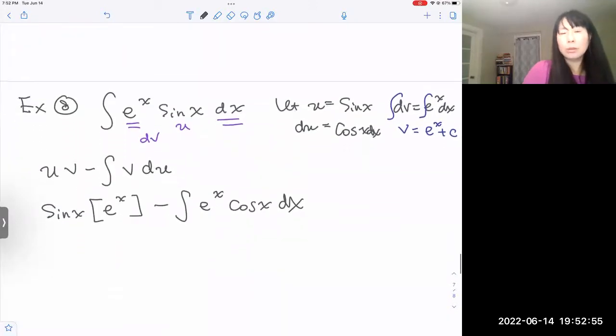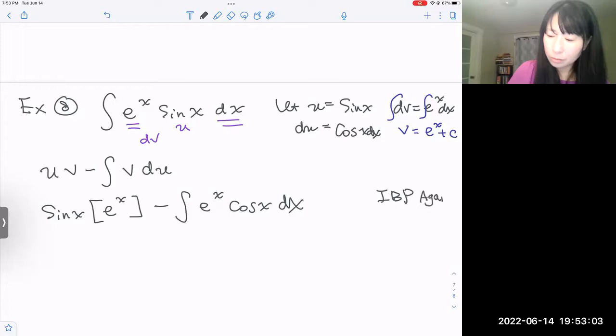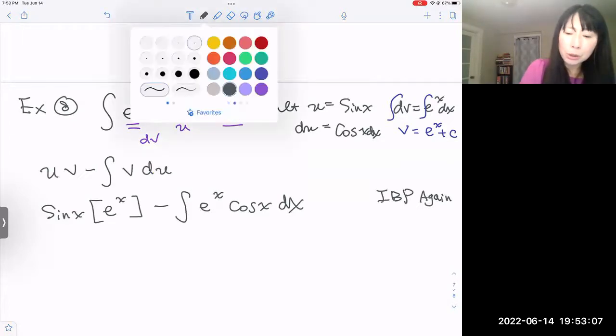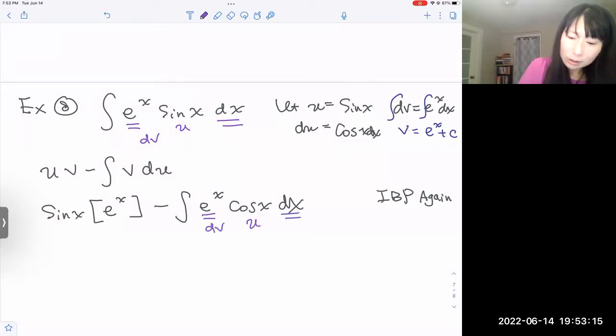Now we have to do it again. What do you want to set up as u? Cosine x, good, and this will be dv. So let u equal cosine x.